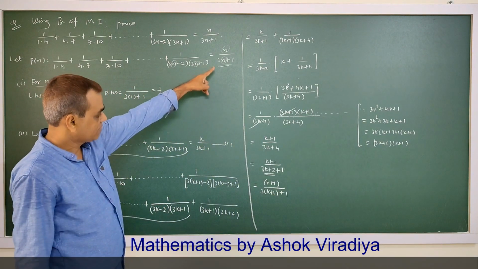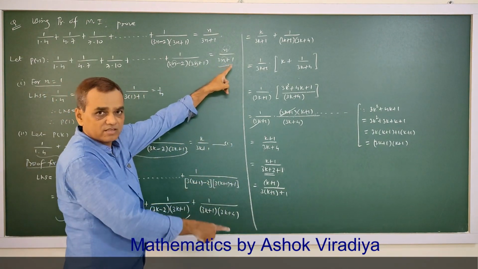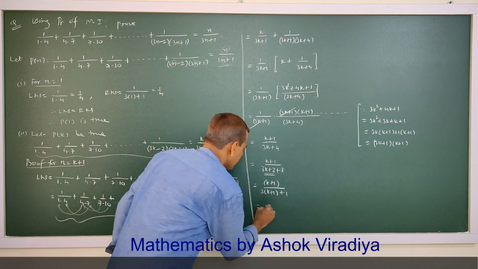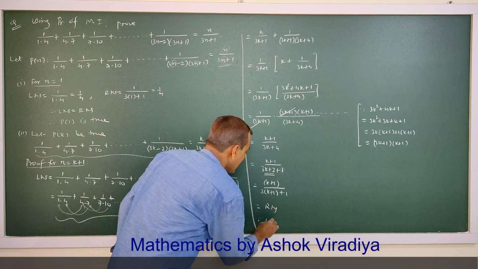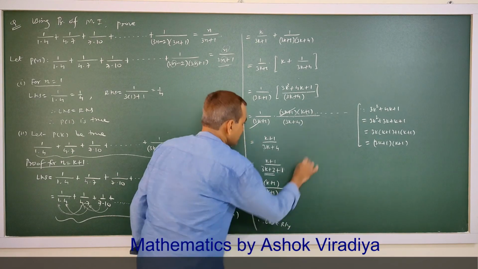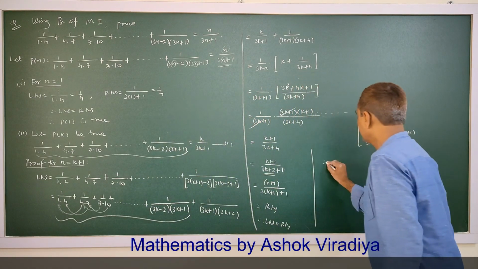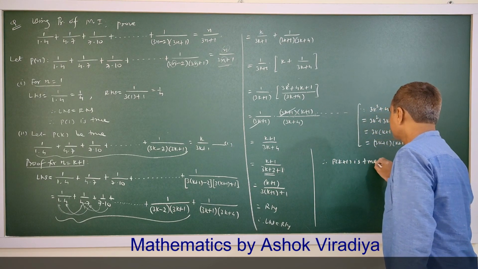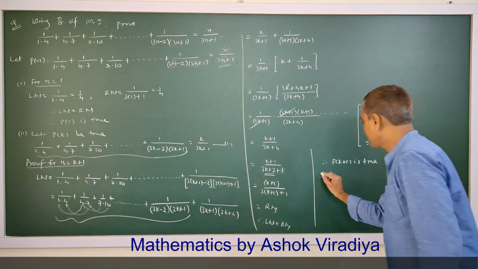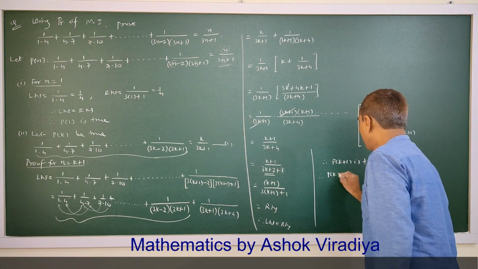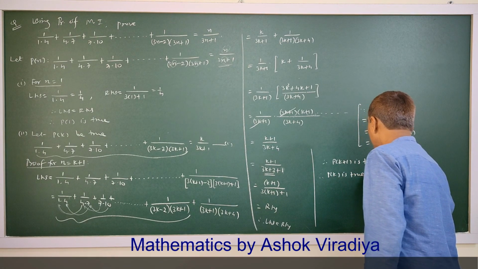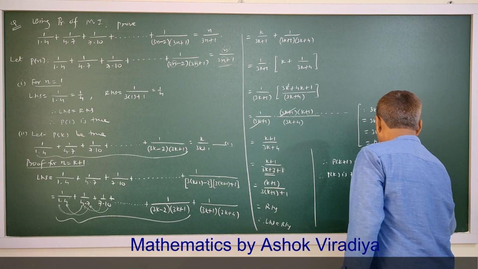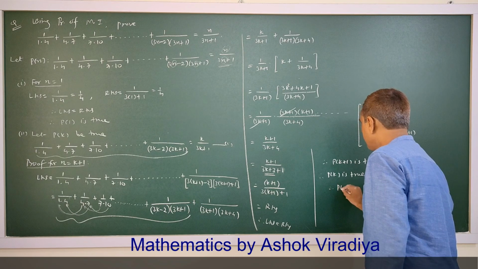Now look here, this result is okay: in place of n, k plus 1. So it is RHS. So LHS is equal to RHS. Therefore, P of k plus 1 is true. Therefore, P of k is true implies the statement is true for k plus 1. So P of n is true.